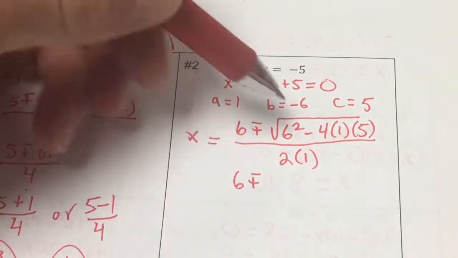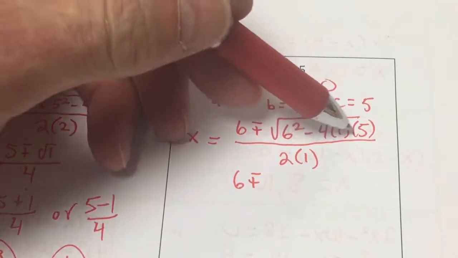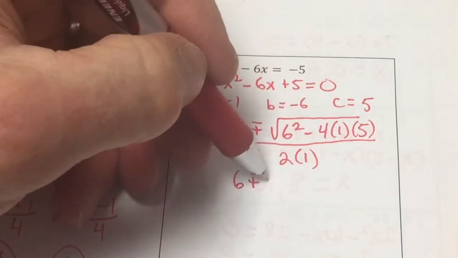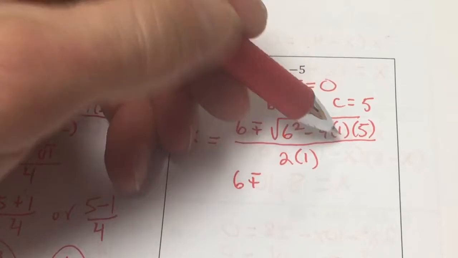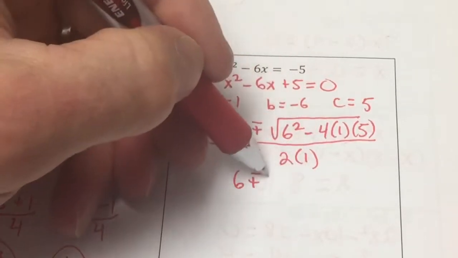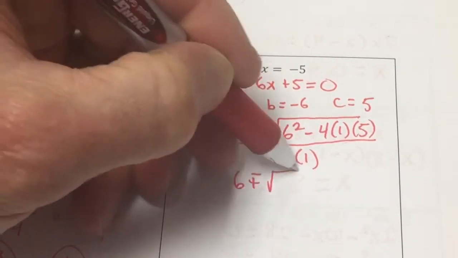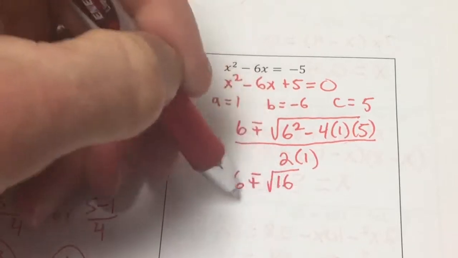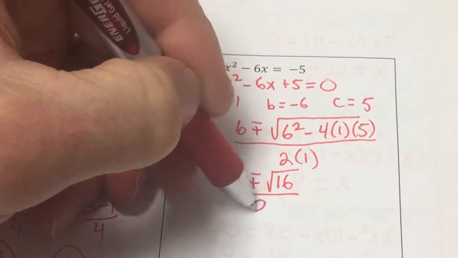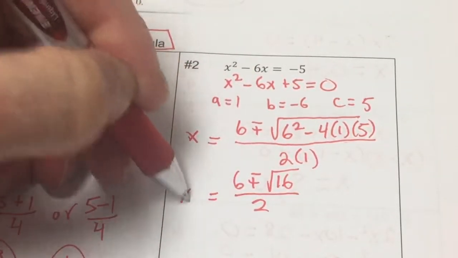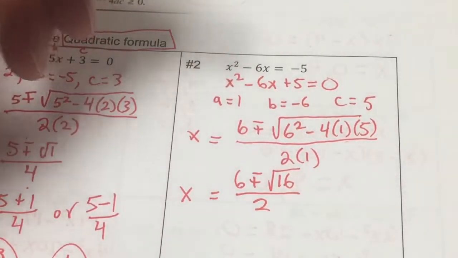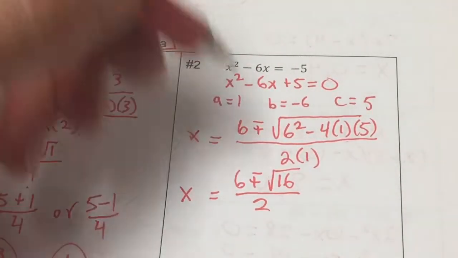And I think I can do this one mentally. This is going to be 36 minus 20. Right? 4 times 5 is 20. So 36 minus 20 is 16. And 2 times 1 is 2 on the bottom. All right, so the square root of 16 is 4.